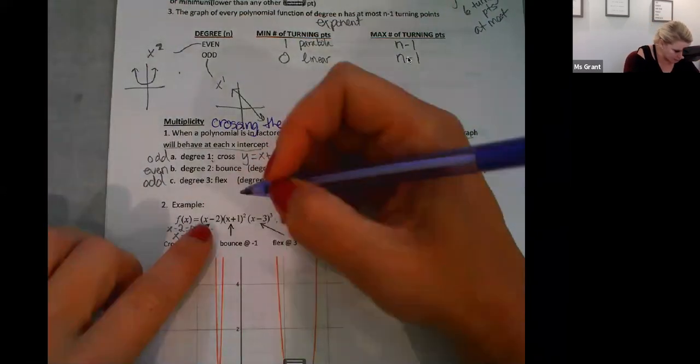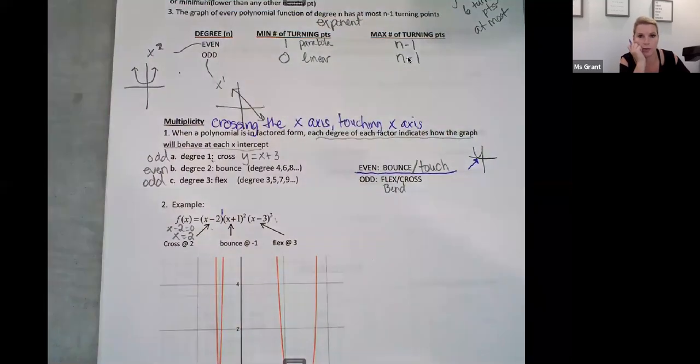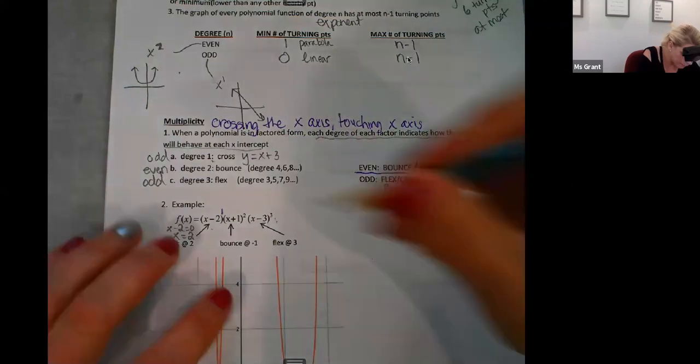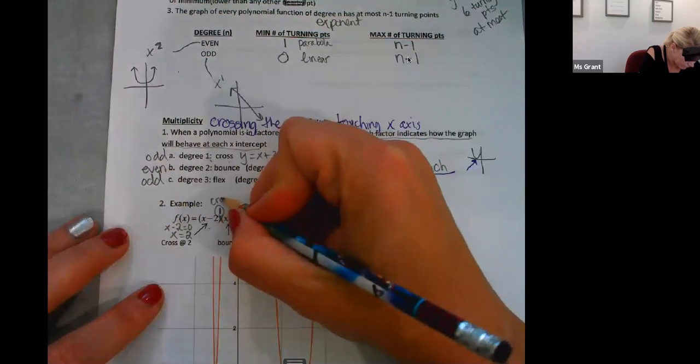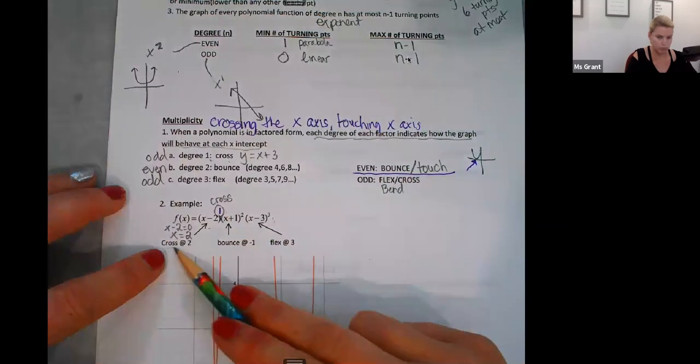This x minus 2 is to the degree of 1 because it doesn't have an exponent, so it's a first degree. So I've got a 1 degree, which is a cross. So it's going to cross at 2.